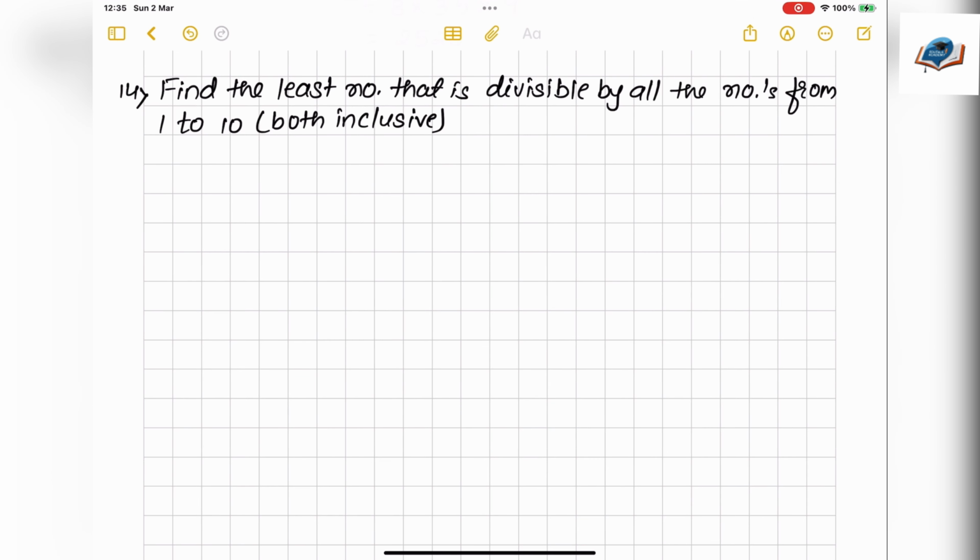Next question is, find the least number that is divisible by all the numbers from 1 to 10, both inclusive. So here see, least is there, that means I have to find LCM.